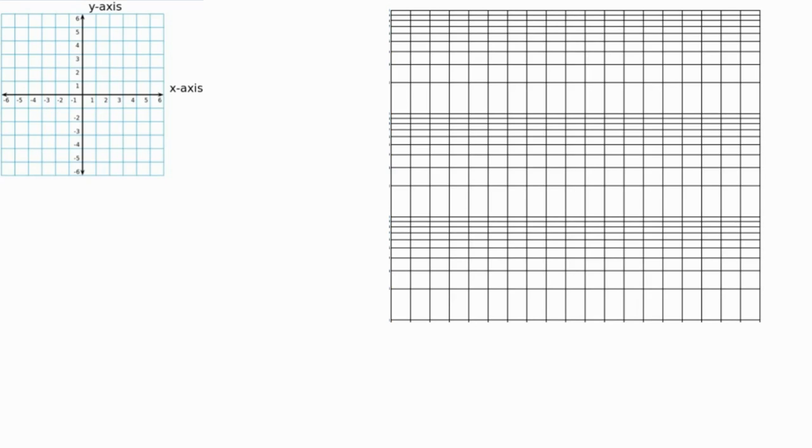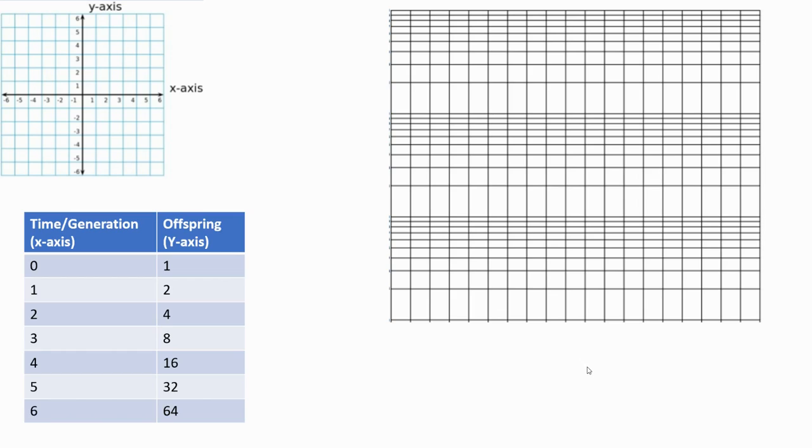Granted, semi-log paper is a little more scary looking than the Cartesian coordinates, but let me explain to you why there is a need for that kind of graph paper. So let's say you're trying to graph a generation of bacteria, for example. So here's the offspring, and this is something that happens in biology quite a bit.